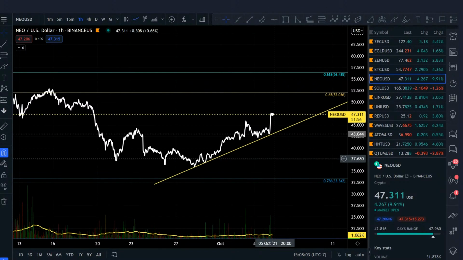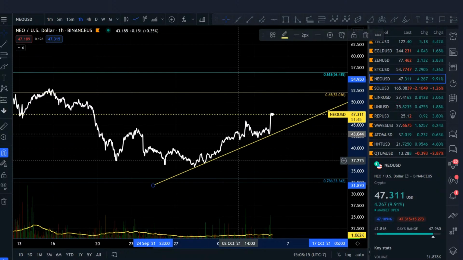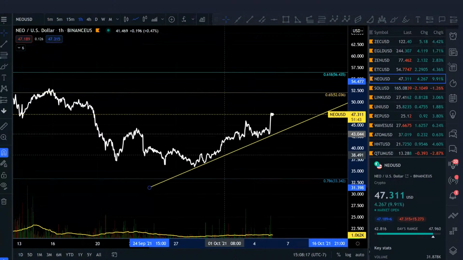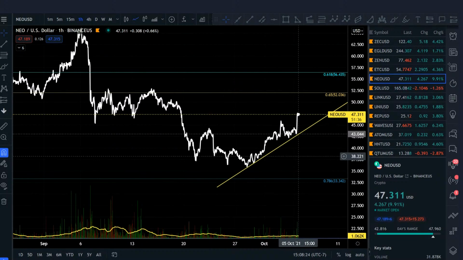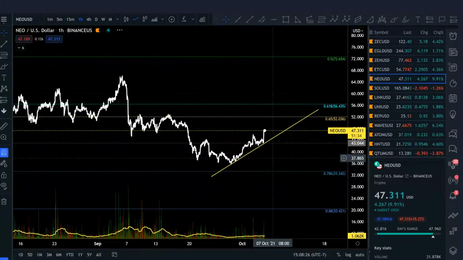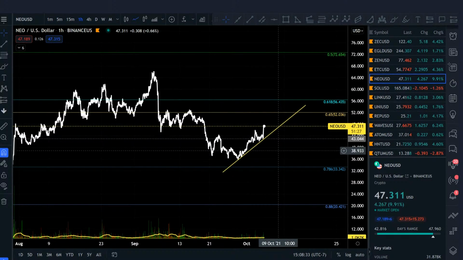I started ghetto style, pen and paper, and paper charts and a ruler because I was trying to figure out how do I do this, right? But now you have TradingView, so you could just try and draw it 50 times a day. I'm looking at like 250, 500 charts a day. That's my job. And then I determine, all right, where am I going to buy and where am I going to sell? Am I going to hold? Those are the decisions I have to make every day for swing trading, investing, and day trading.